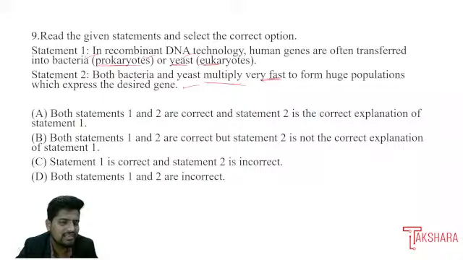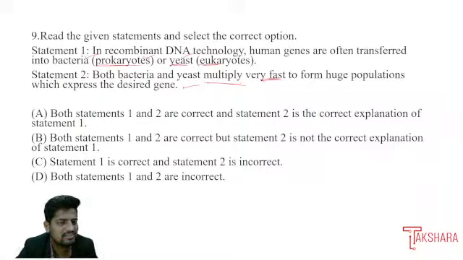So the population created will be at maximum, and it is very fast also, and they express the desired genes and produce them, so both the statements will be correct.